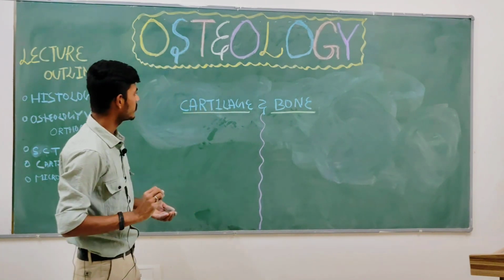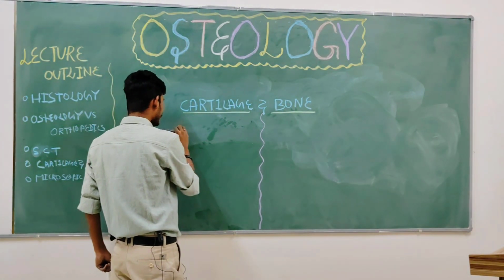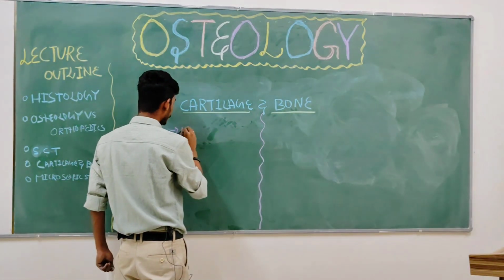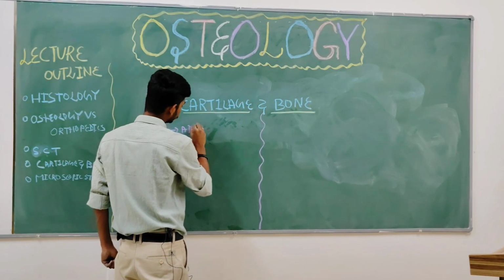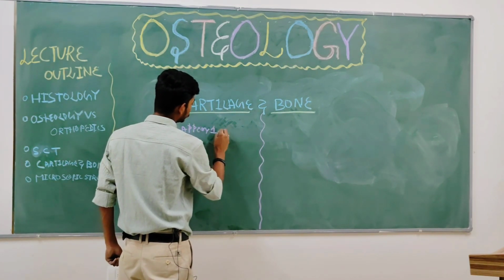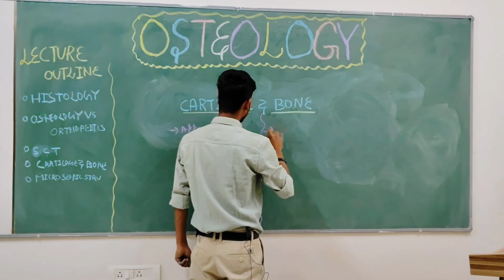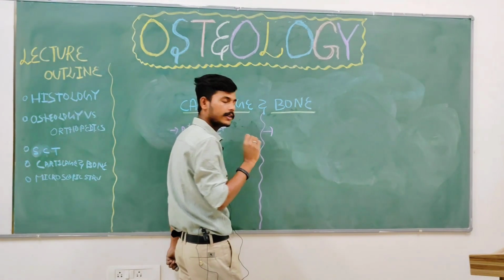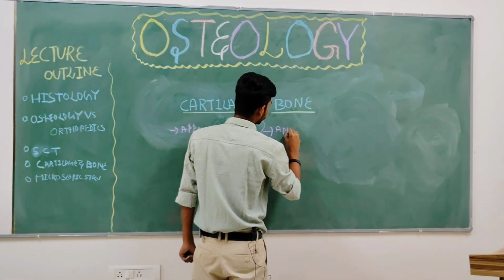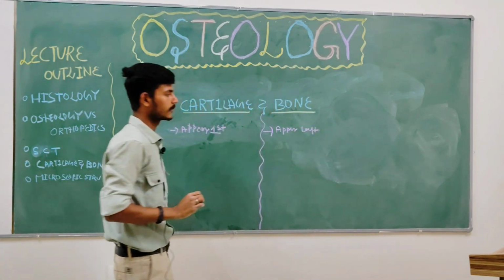So let's quickly write down the difference between cartilage and bone. Cartilage appears first of all, and comparatively the bone appears secondary, at last. Clear?